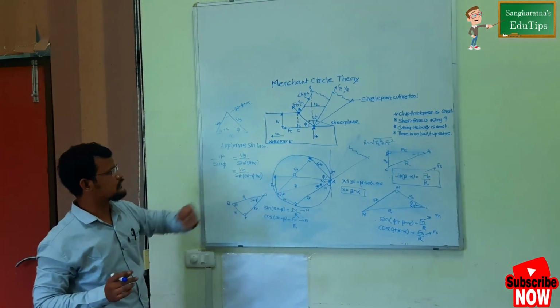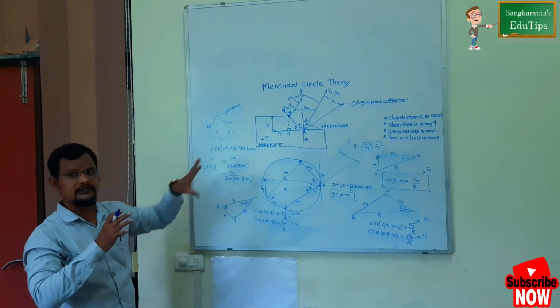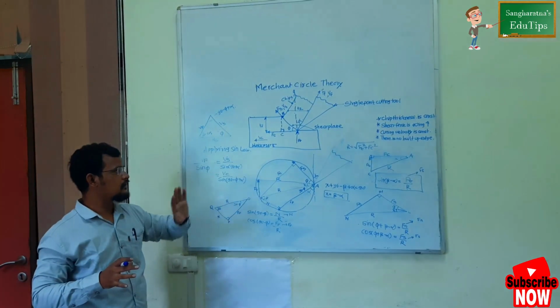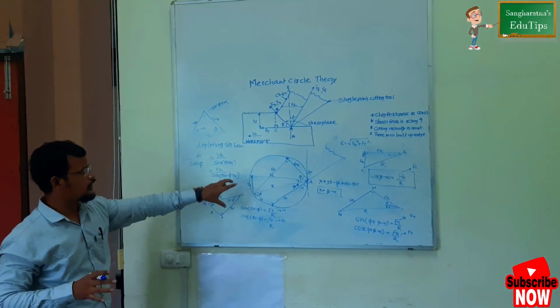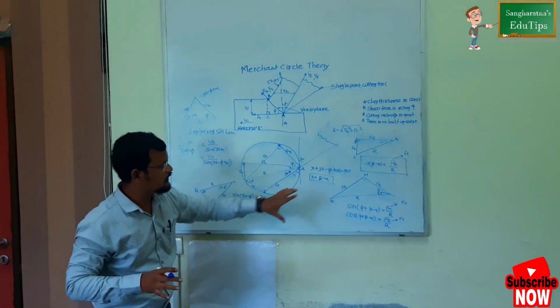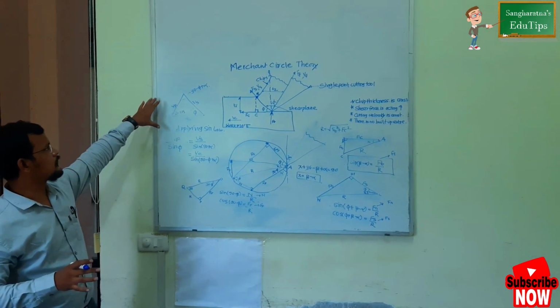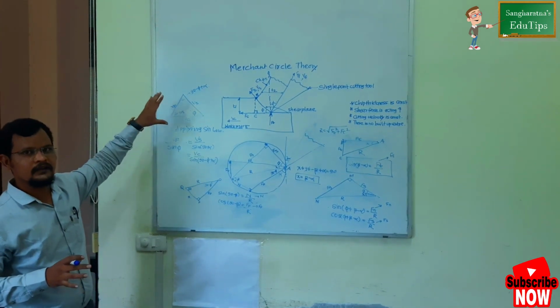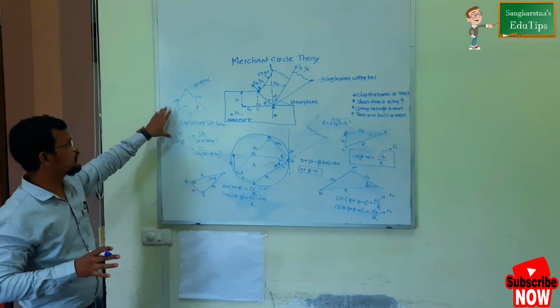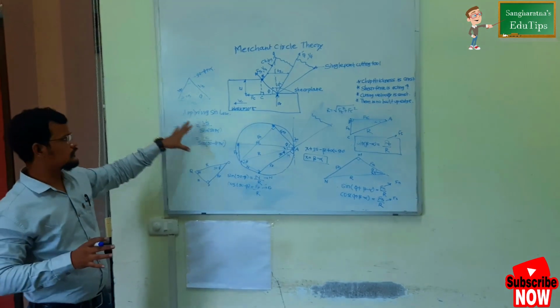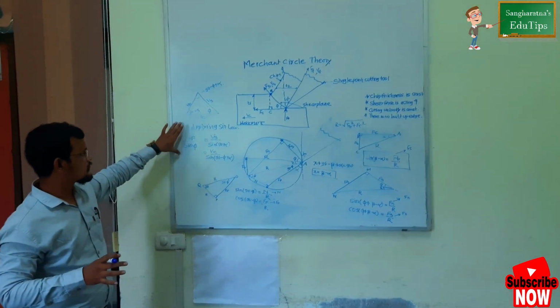Then we came to the merchant circle theory, where we represented all the forces and derived the equation for each. Finally we were able to calculate the various velocities with which the tool is moving and the chip is removing, with the help of the sine law.